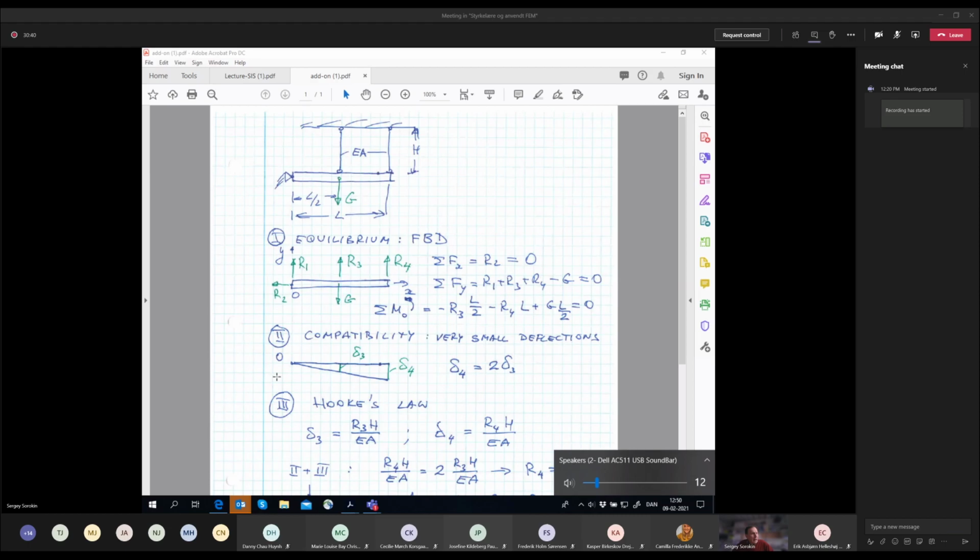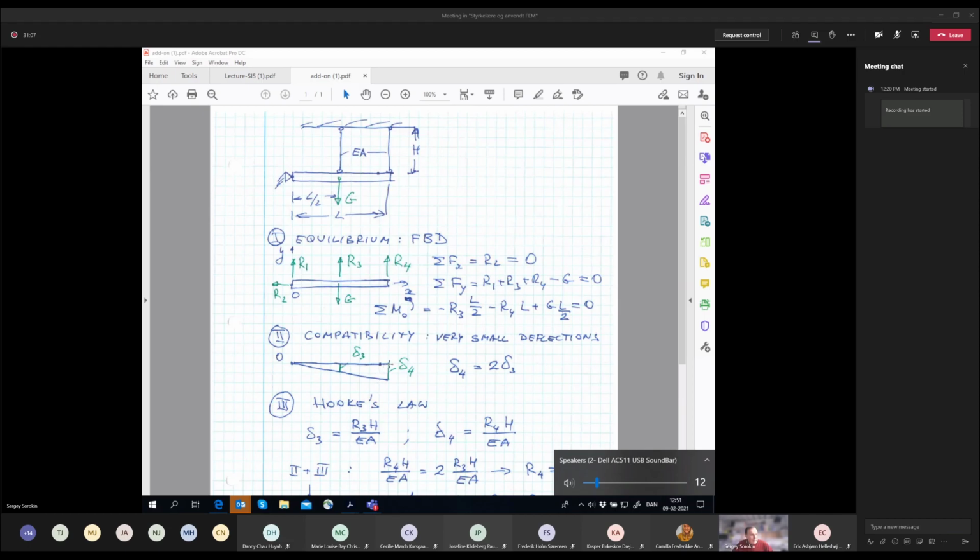Because this rigid bar was straight before the deformation, dead horizontal, and after deformation, this stiff and heavy horizontal bar remains straight, but it goes downwards. And you see the way I have shown here, it looks like it has become longer, right?